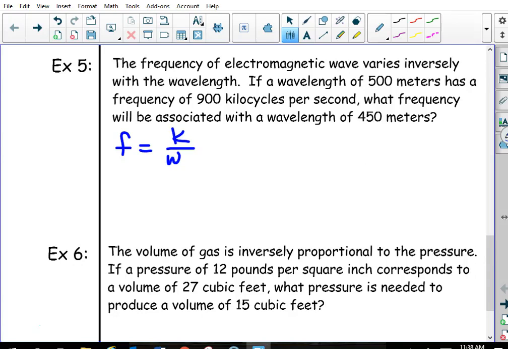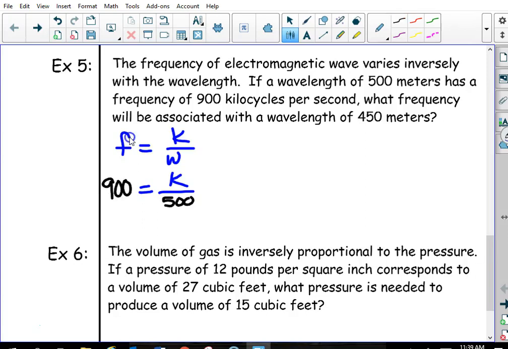All right, so same idea, we've got to solve for K. If a wavelength of 500 meters has a frequency of 900 kilocycles, our wavelength goes in the denominator, and our frequency is over here on the other side of the equal sign.